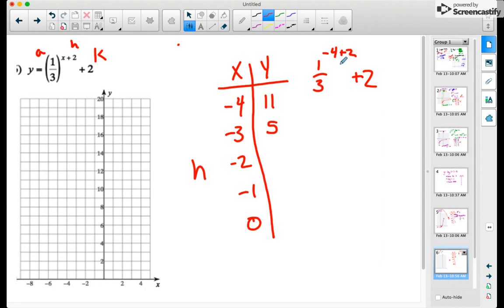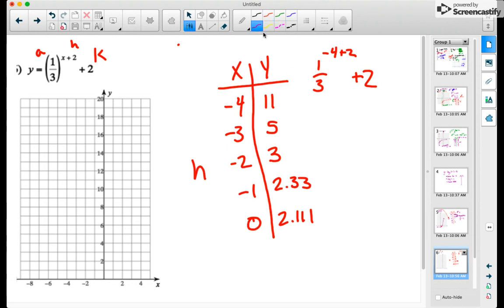So 1/3 to the 0th power is 1, plus 2 is 3. And -1 plus 2 would give us the 1 power. So 1/3 plus 2 would be 2 and 1/3. Then I'd plug in 0, and I would get 1/9 plus 2. So those are all of my coordinates.